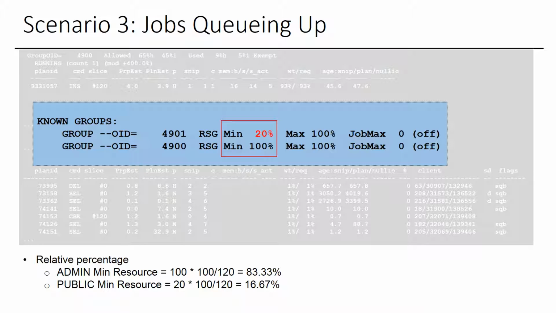Here, the admin group will have a target resource of 83%, whereas the public group can only get 17%. In this scenario, a job from the admin group is taking up most of the system resource, causing the public group to suffer. This issue can be mitigated by assigning 100% resource to the public group, but remember, it's always better not to use the admin group for daily operation.